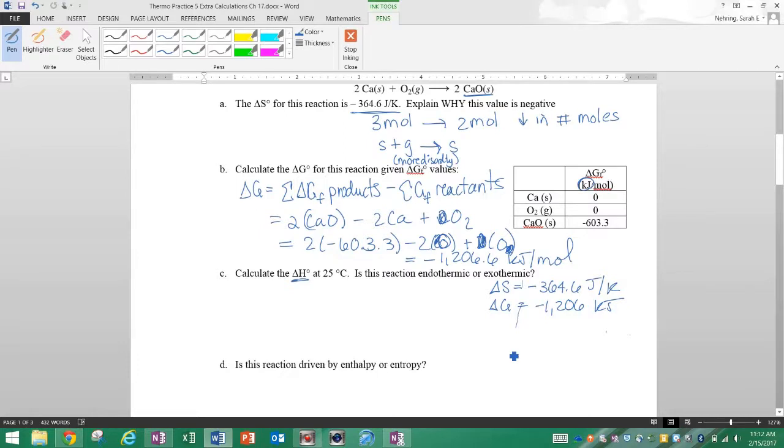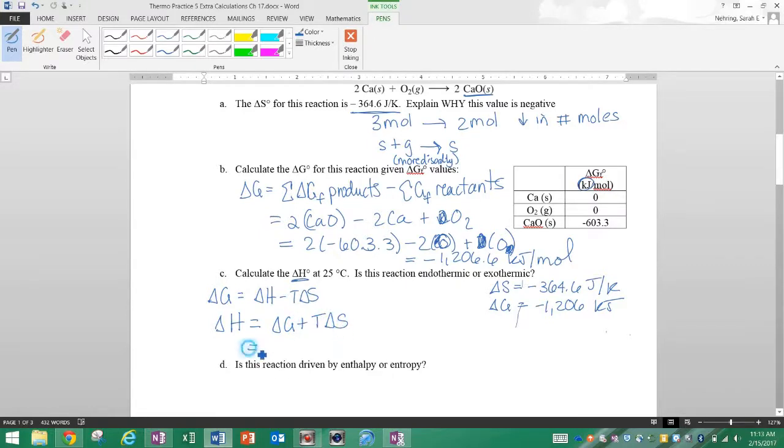So it looks like we want to use this equation right here, delta G equals delta H minus T delta S. So I'm going to rearrange this. Delta H equals delta G plus T delta S.